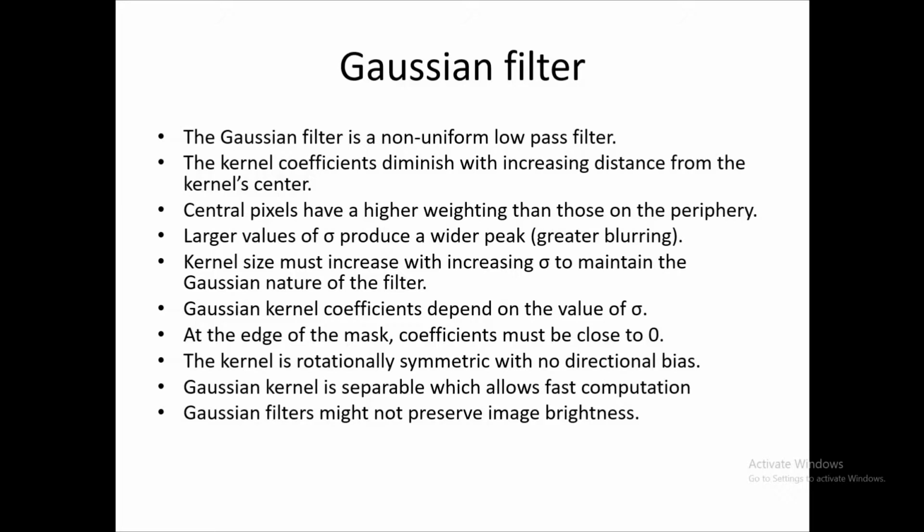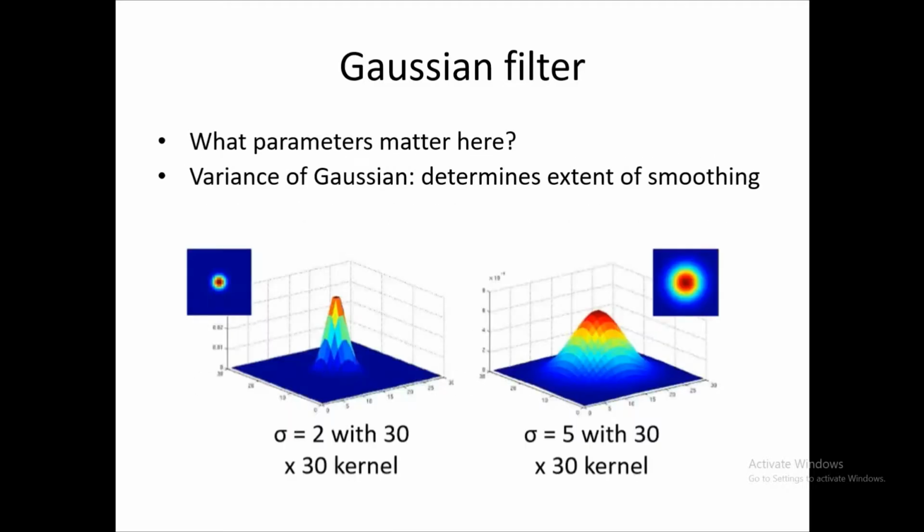We have already discussed what a separable filter is, and thus in the case of the Gaussian filter we can have fast computation, though the Gaussian filter might not preserve the image brightness. And as we have discussed, the parameter that matters here is obviously the variance or standard deviation of the Gaussian, which determines the extent of smoothing.